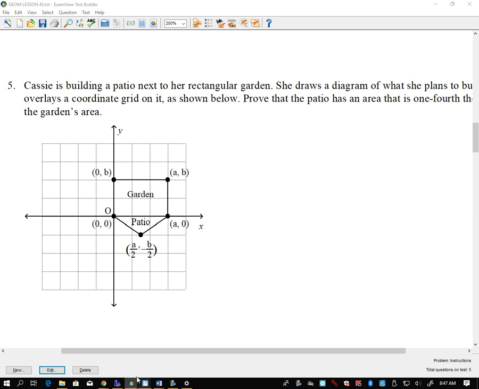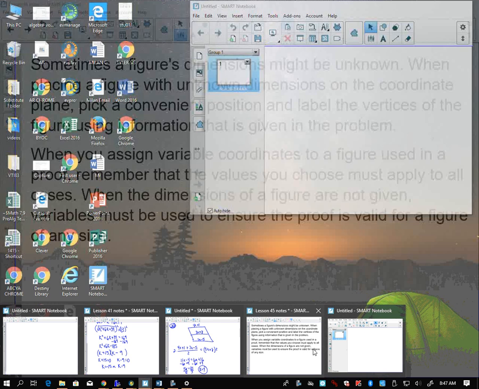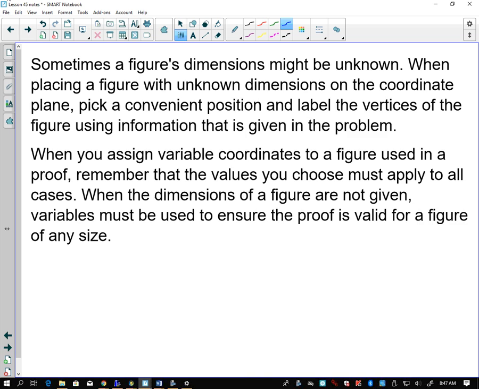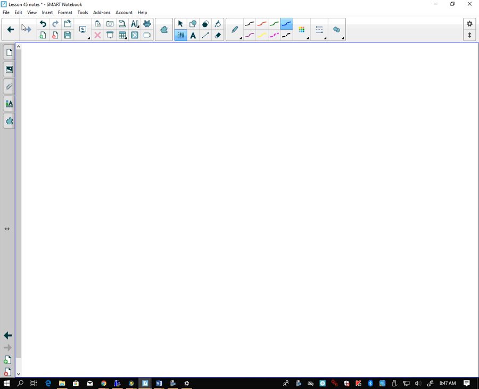Let's look at some questions in your homework, to see if there's anything from lesson 45 that we can work out, something I can actually draw on and write up. What are your assignment numbers? 9 through 19. So question number 9 comes from lesson 45.